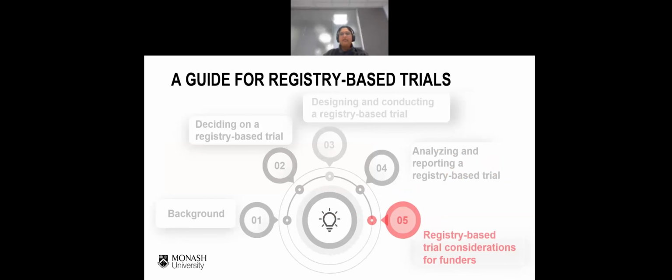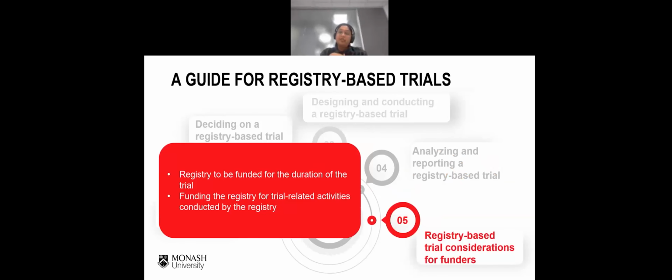And finally, the last section provides some considerations for funders, funders of registries and funders of clinical trials, but these would be very specific to registry-based trial situations. So some obvious considerations would be that the registry has ongoing funding, or at least funding for the duration of the trial.